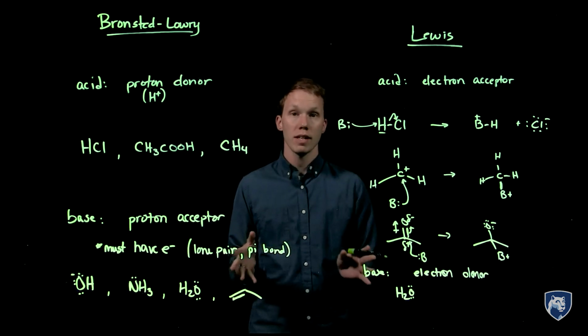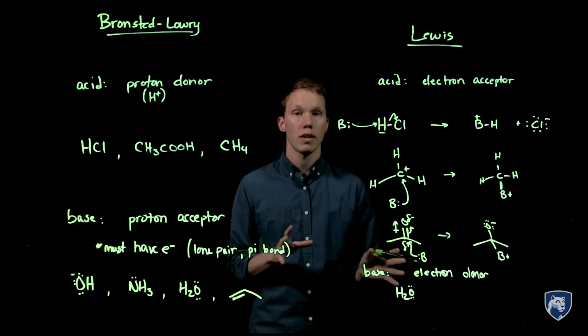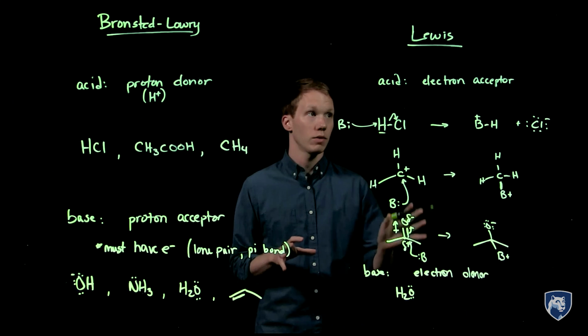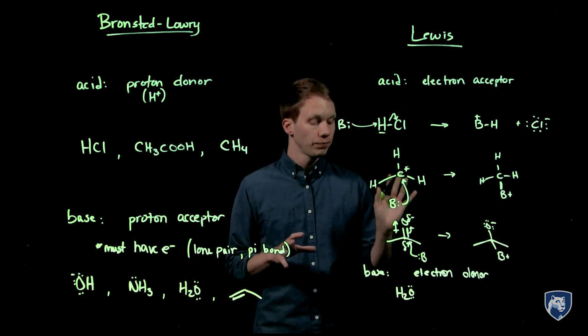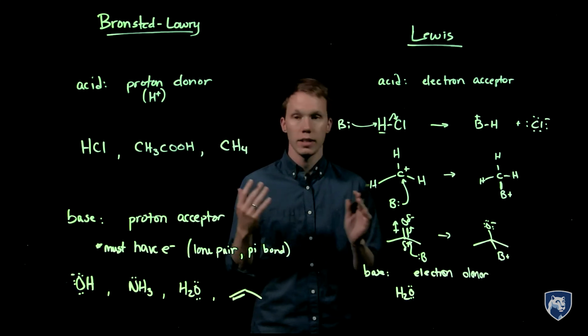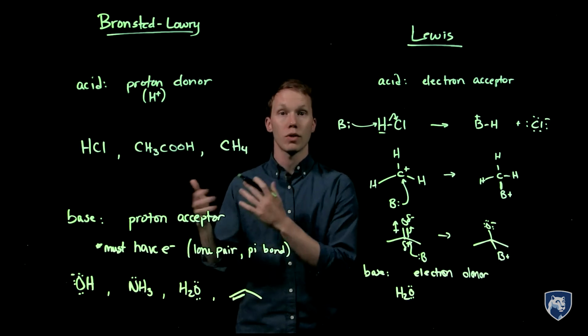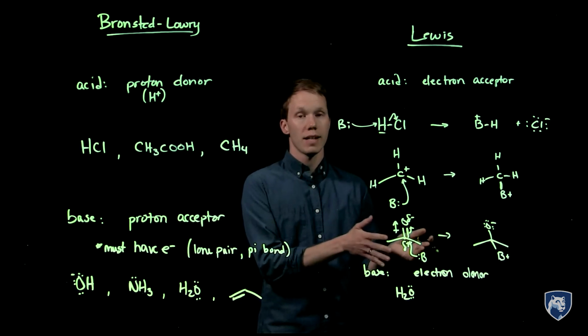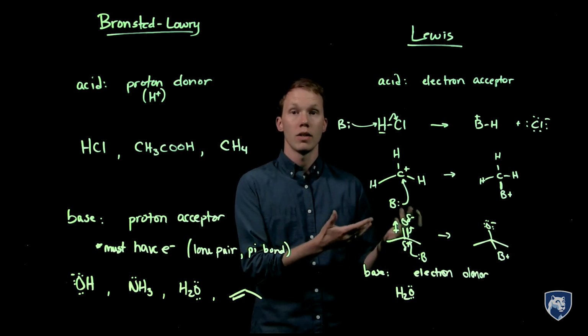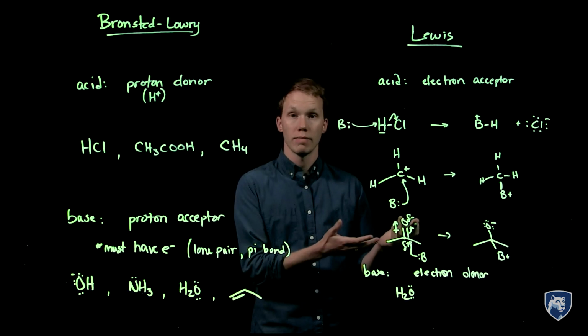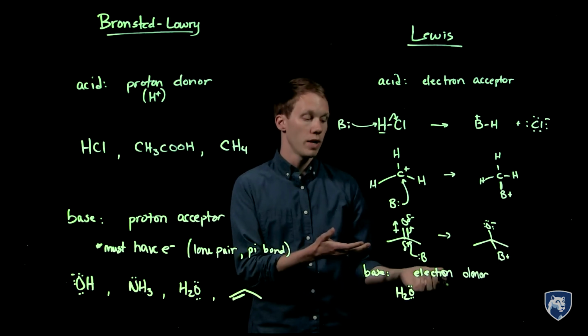So there will be differences in terms of the strength depending on how they are reacting. So anyway, the Bronsted-Lowry definition deals with the transfer of protons. The Lewis acid-base definition deals with the electrons, whether it's accepting or donating.